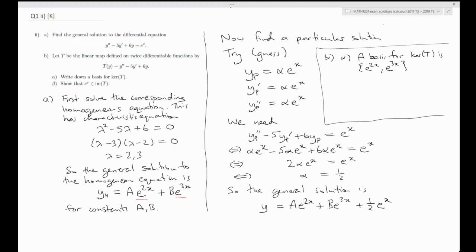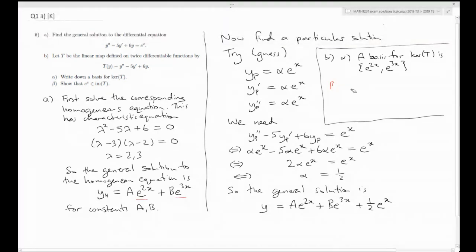We need linear independence. There is no way that you can write e to the 2x as a constant multiple of e to the 3x, so these are definitely linearly independent. So the alpha part didn't require any explanation because the question just said to write down.